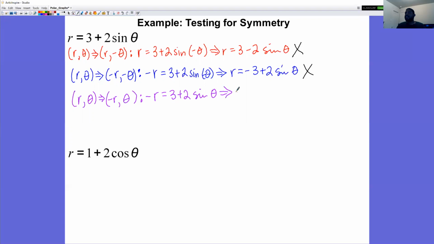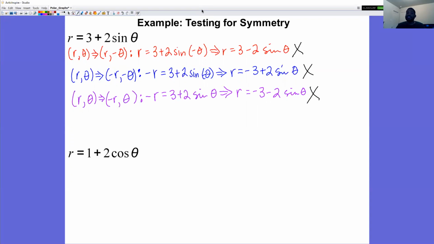And I solve for r, I get r equals negative 3 minus 2 sine theta. And this does not match the original equation. So it does not have symmetry with respect to the pole. Algebraically, it looks like we don't have any symmetry at all.